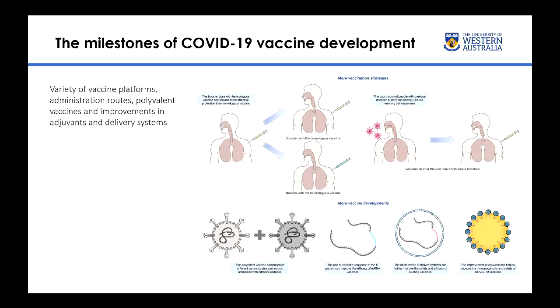Different strategies, so booster with a homologous vaccine, booster with a heterologous vaccine. So again, you receive maybe 2 Pfizers, 3 Pfizers, or maybe you receive an AstraZeneca first and then you receive a Pfizer one. So that's what it has to do with heterologous and homologous. Maybe you use a protein one, then an mRNA one, and see how those combinations work. So there are quite a few studies looking at those different combinations.